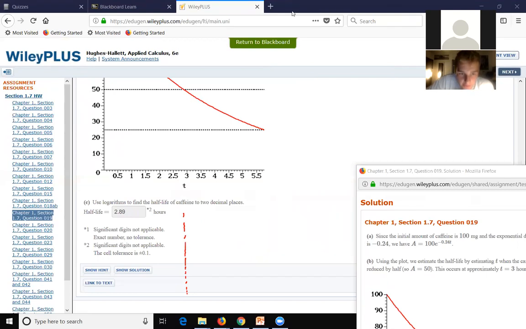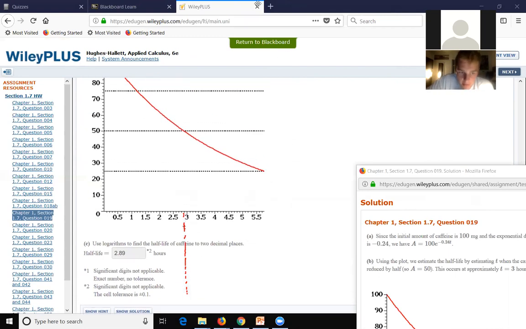Okay, and then for C it says use logarithms to find the half-life of caffeine to 2 decimal places. So how would I do that? Okay, let me go back to this one.